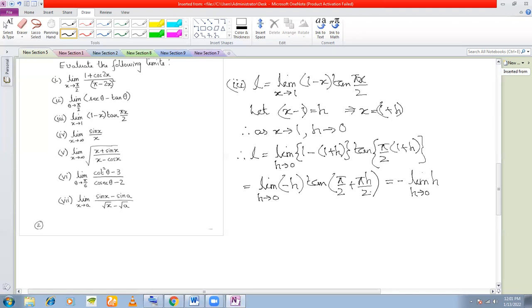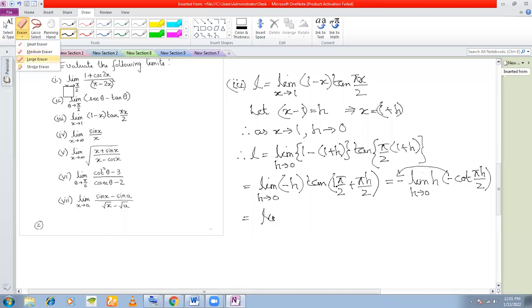Now tan of pi by 2 plus pi h by 2, from the associated angle rule, this is an odd multiple, 1 into pi by 2, and it is in the second quadrant. So therefore, you're going to get a minus sign, and tan will change to cot pi h by 2, right? So now again, this negative sign will go out. This will become a plus sign.